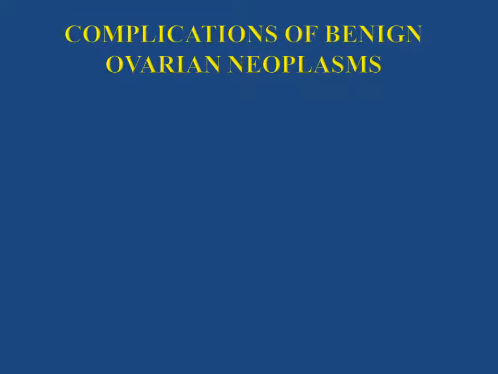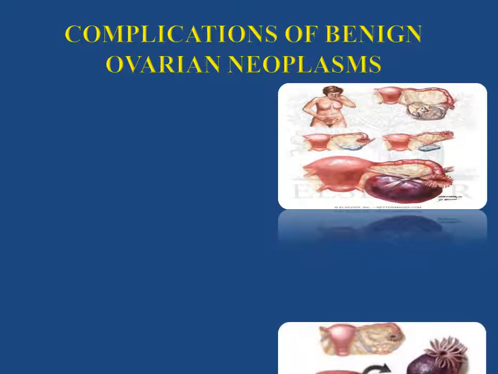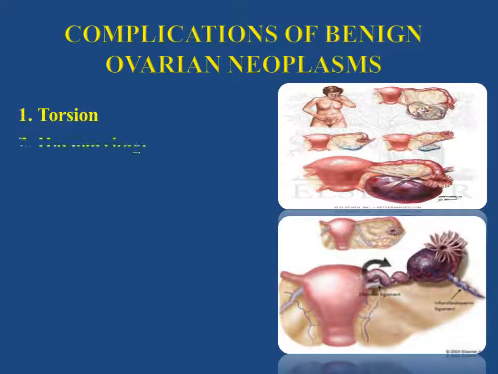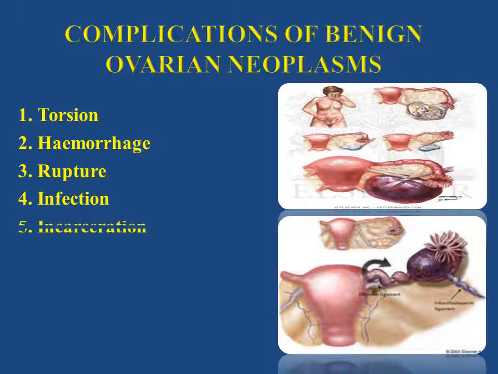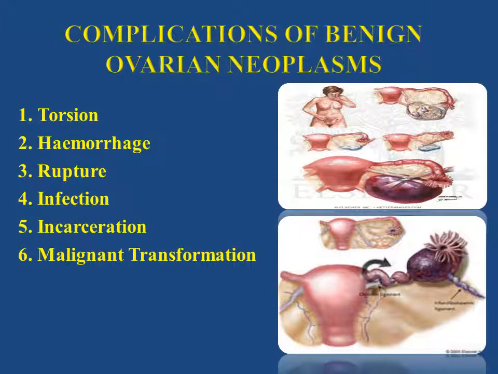Then what about the complications of benign ovarian neoplasm? We have different complications like torsion, hemorrhage, rupture of an ovarian tumor, infection, incarceration, and lastly malignant transformation.